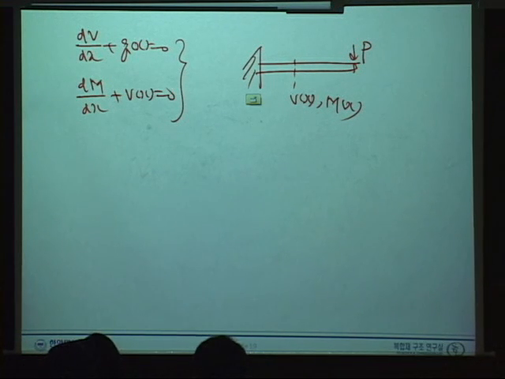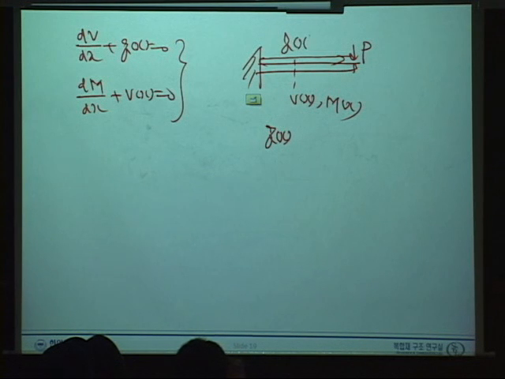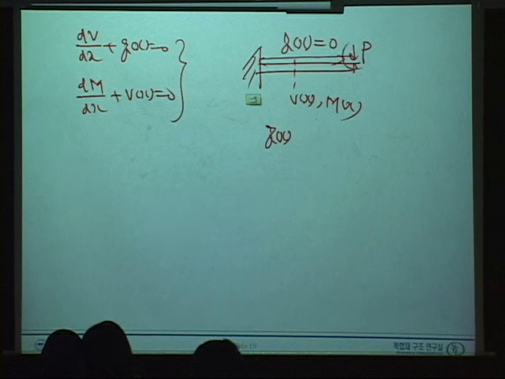What is q? First of all, what is q(x) here? From here to here, q(x) is 0. This is very important. q(x) is 0. There is no externally applied load. Oh, how about this one?